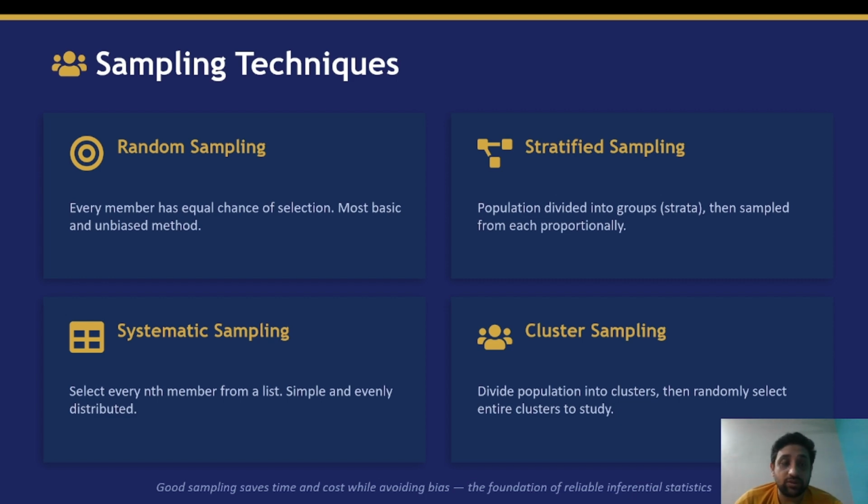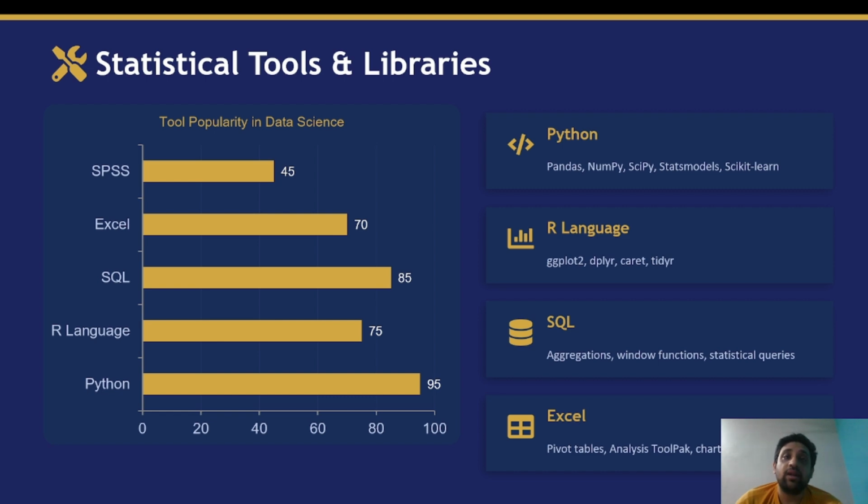Now let's move towards the statistical tools and libraries. There are several tools used for statistical analysis. Python is the most popular, with libraries like pandas for data manipulation, numpy for numerical operations, scipy for scientific computing, and scikit-learn for machine learning.